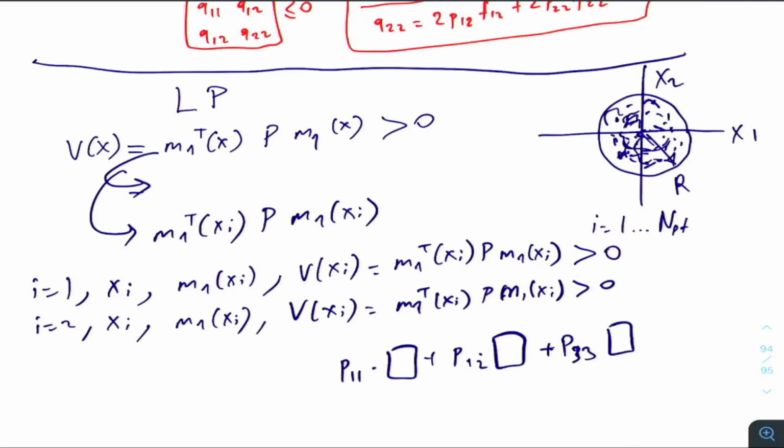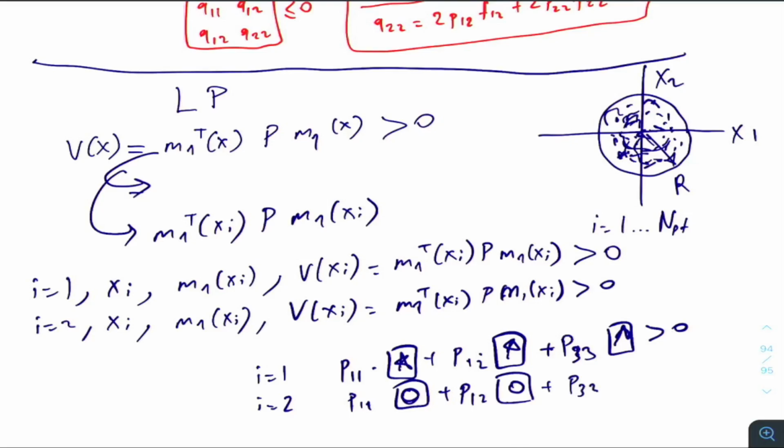However, for i equals 1, you have some weights, and for i equals 2, you will have other, different weights. This is different. So you are just putting constraints after constraints.